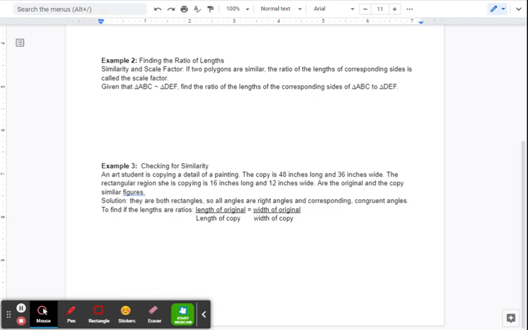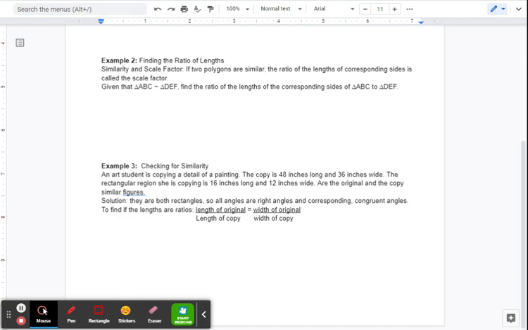They're all the same. So they're all shrinking down at the same rate. That's how we know it's similar. Okay? It's the same shape. It's just going smaller by the same rate. 4/3, 4/3, 4/3. So we know that they are similar triangles because they went down at the same rate. That ratio is the same.